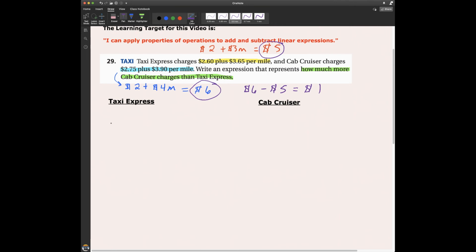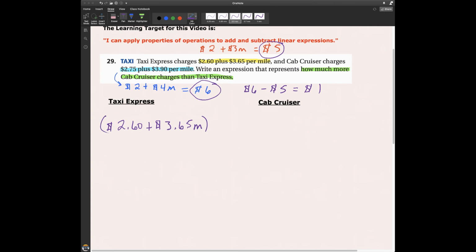Taxi Express charges this much, $2.60 plus $3.65 per mile. So every mile, I'll use M as my variable. So this is how much Taxi Express charges. All right.